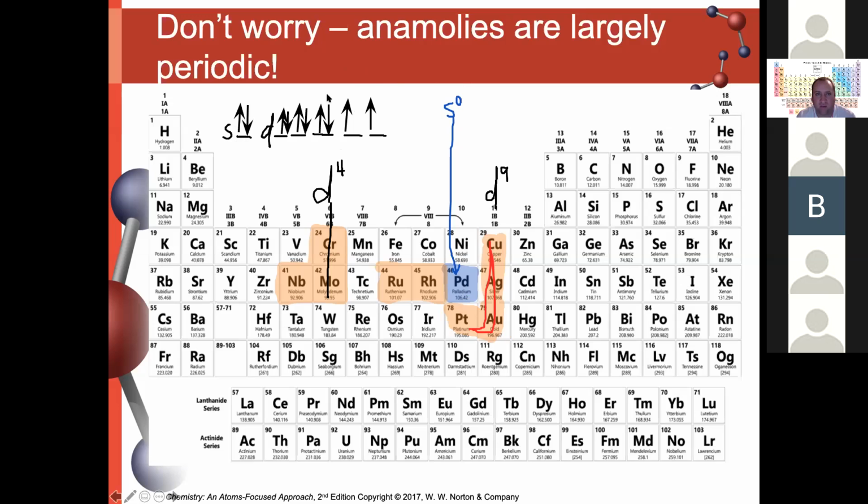But if we get a double migration, if we turn this into S0, and this is the only one that does this, if both of these electrons migrate and completely fill the D sublevel, then what I get on the other hand is a completely filled D sublevel, which is stable, a completely empty S sublevel, which is stable, and therefore a pretty happy configuration.